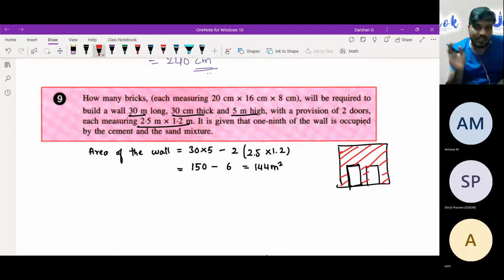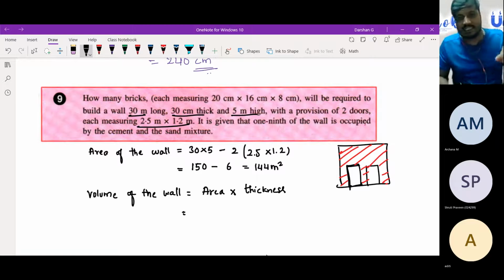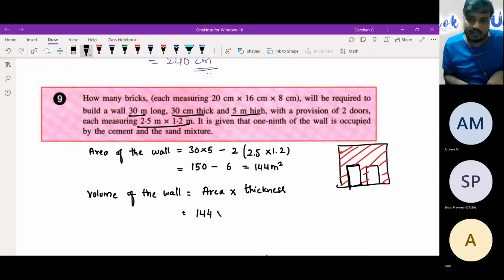But if you have only area, that will not really help, so we need to find the volume of the wall. Volume of the wall is area times the thickness, as we discussed yesterday. But there is one problem: the thickness is given in centimeters. So it is 144 meter square times 30 centimeter, which I have to convert into meters, that is 30 by 100.